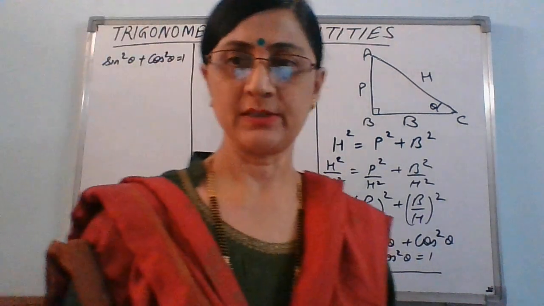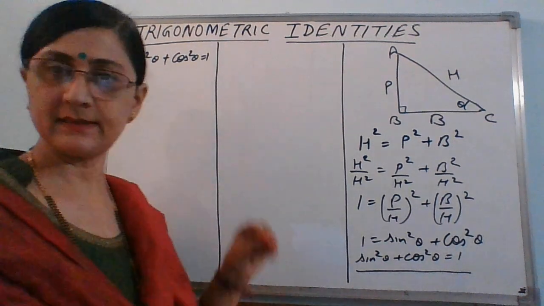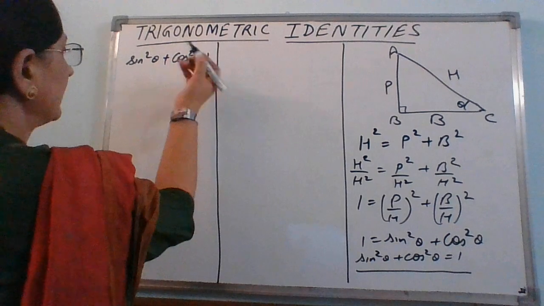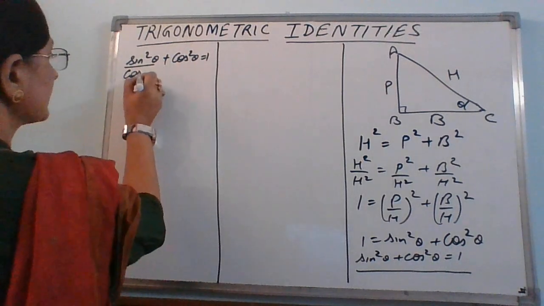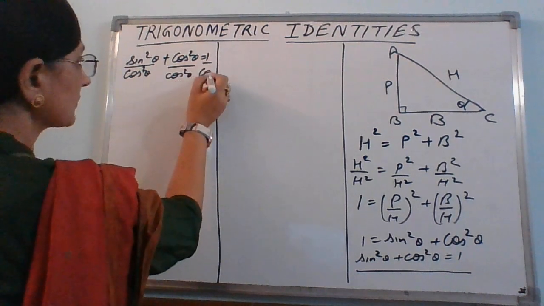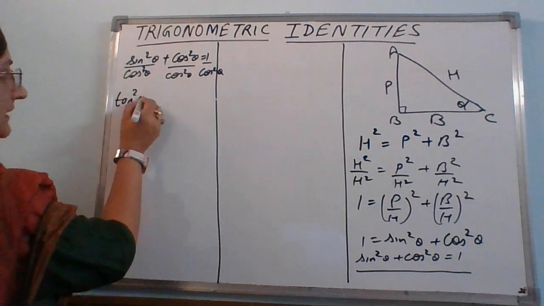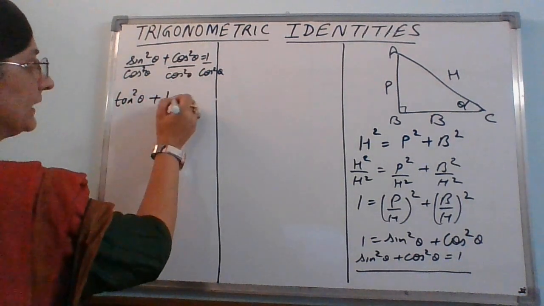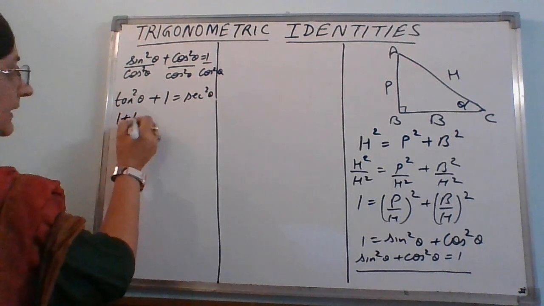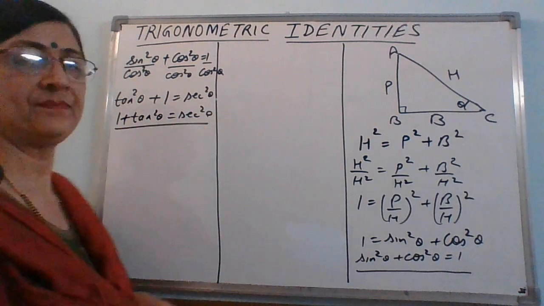If we divide this identity throughout by cos square theta, then sine square upon cos square is tan square theta, and this becomes 1. 1 upon cos square is secant square theta. So one more identity: 1 plus tan square theta is equal to secant square theta. So this is the second identity.